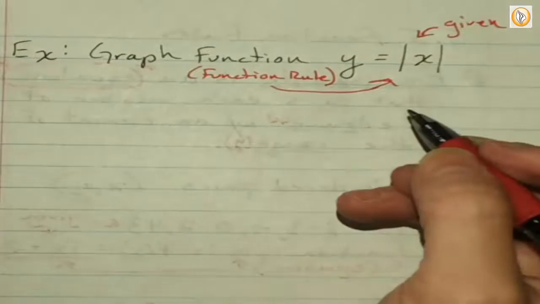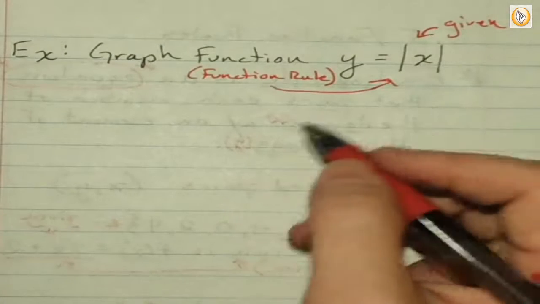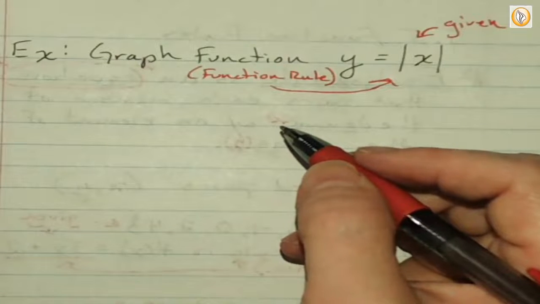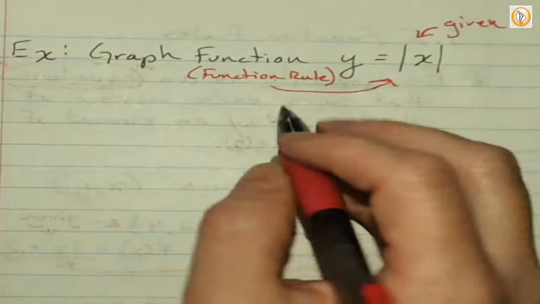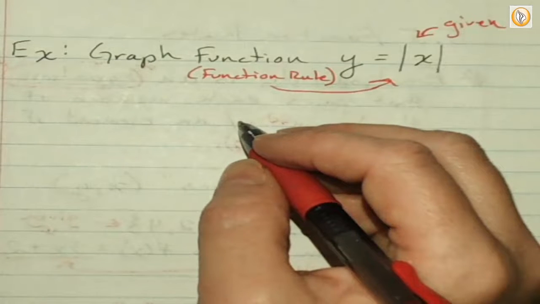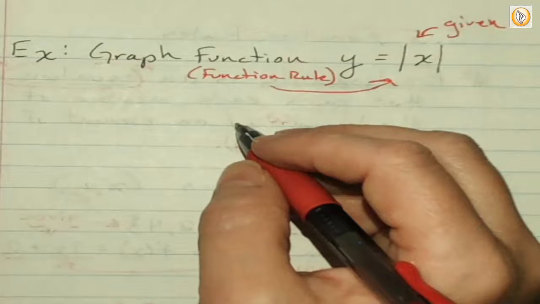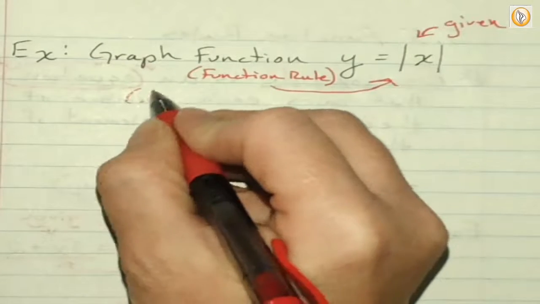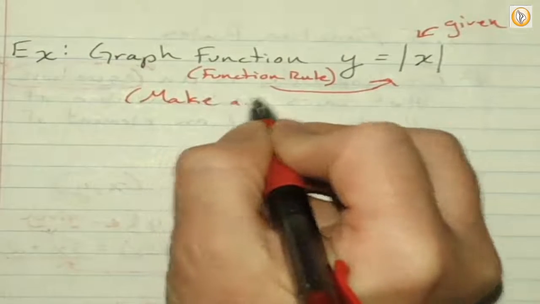So you know what you got to do. They didn't give you the domain this time, so you got to do what? Substitute. Come up with your own. Okay, so Taylor, what is the absolute value of 1? 1? Okay, so you're going to make a table.